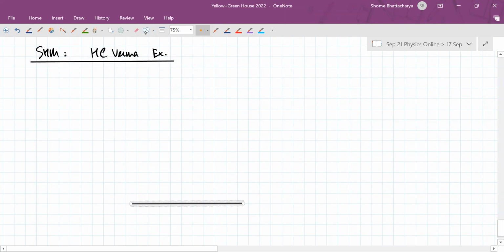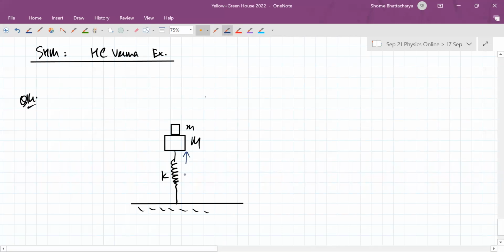So in question 14, we have a situation like this: a smaller block lying on top of a larger block. So it's doing vertical SHM. Now in this diagram, let me assume that this is in equilibrium.